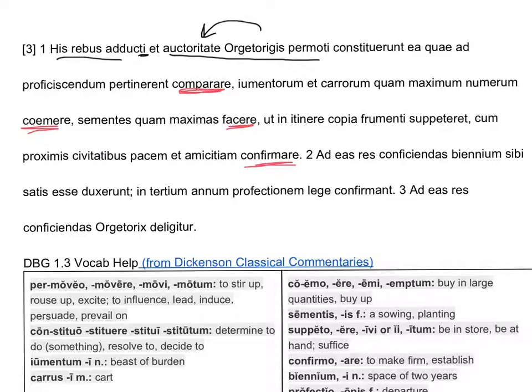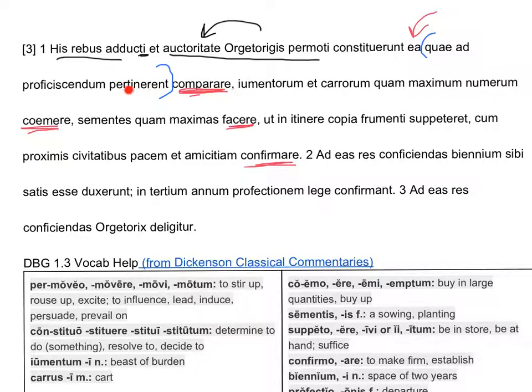Let's take each one individually. They decided to comparare. The direct object of comparare is over here, ea. Notice ea is also modified by this lovely relative clause here. They decided to comparare those things which, and then let's see, which what?